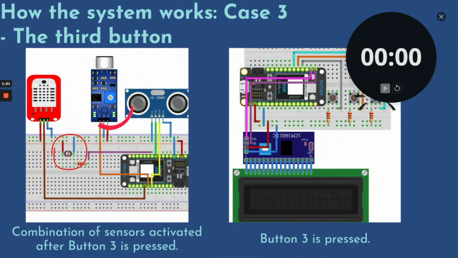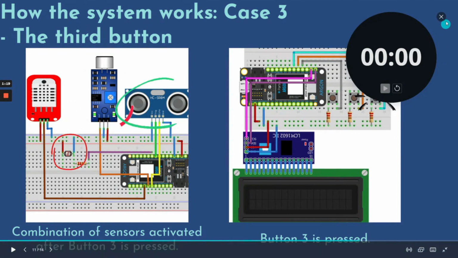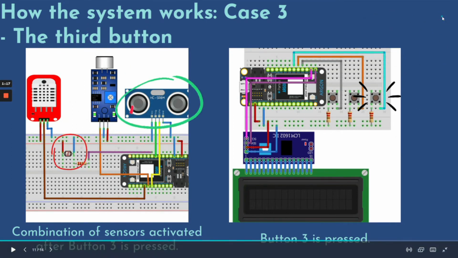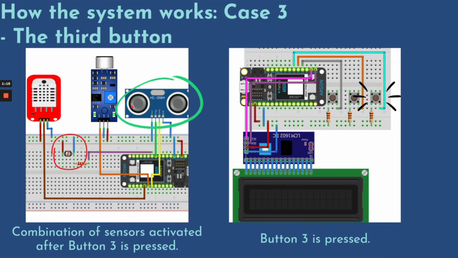Finally, we come to the third button. Now we use the combination of 3 sensors, distance, sound, and light sensor, to create a system for students which helps them in their study. The distance sensor will prevent the student from staying so close to the laptop or PC screen.